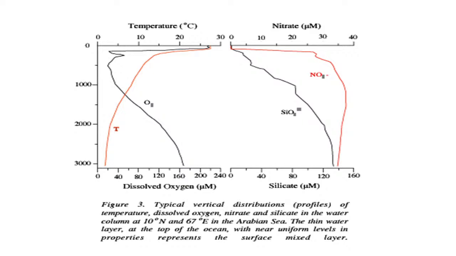But as we go deep, and these are remineralized, remineralization is basically the reaction of the organic matter with the oxygen to produce the constituent matters, so the oxygen is consumed, and in the deeper layer the oxygen is low. If you go further deep, the oxygen increases because most of the organic matter is consumed in the first few hundred meters. So the demand for oxygen decreases with depth, and that's why the oxygen increases slightly in the deeper layer.